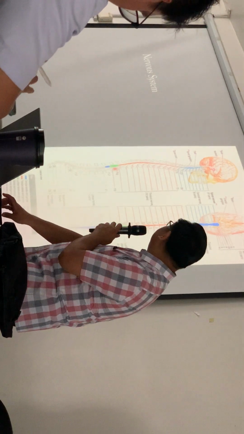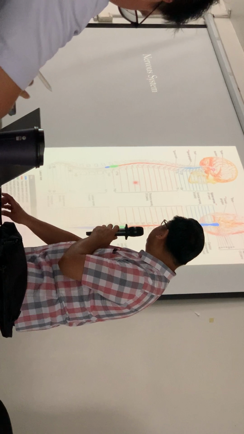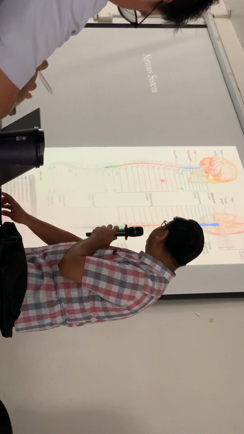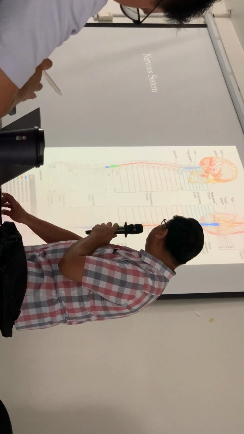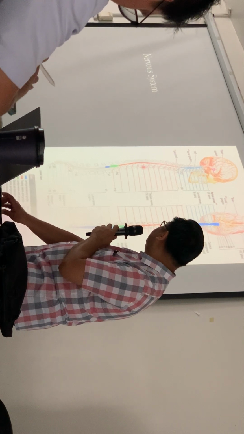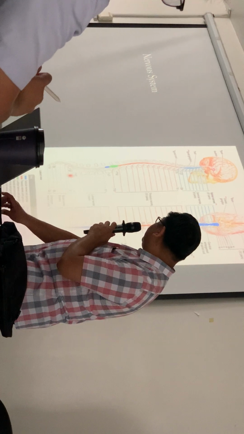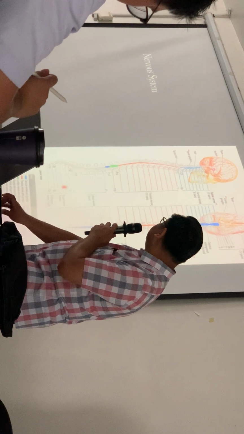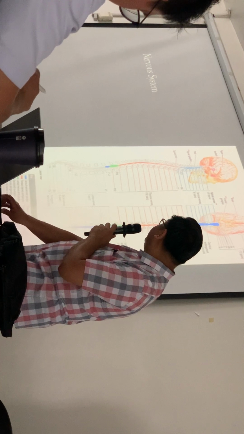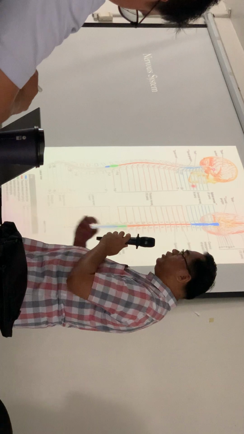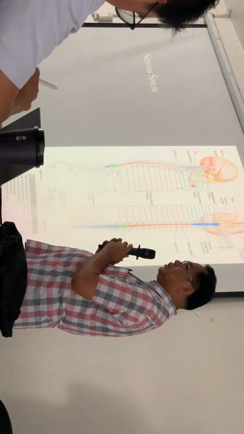And then coming out from the spinal cord, we have these nerve roots. So the thoracic nerve roots are colored red, cervical nerve roots are colored blue. So lumbar, sacral, occipital nerve roots, and we also have cranial nerves coming out from the brain. So these nerves are part of the peripheral nervous system.